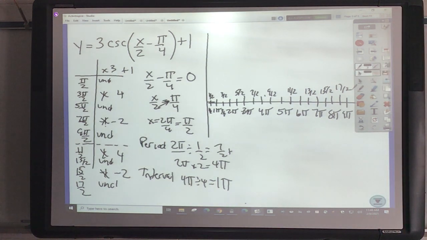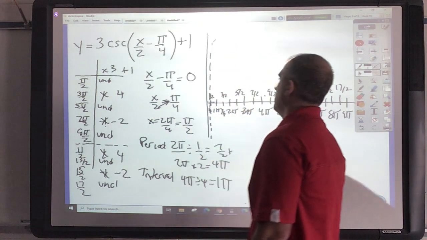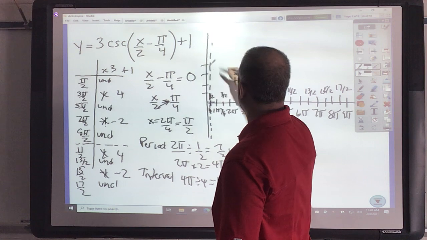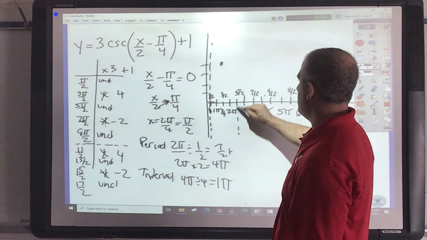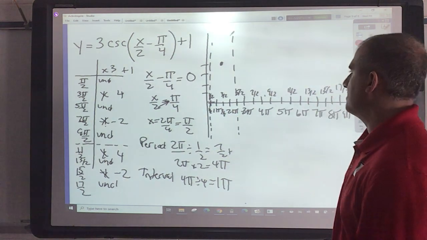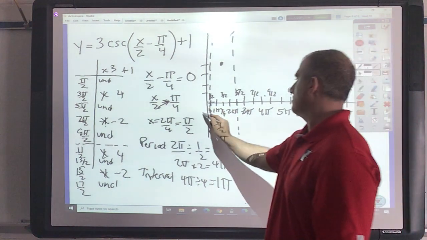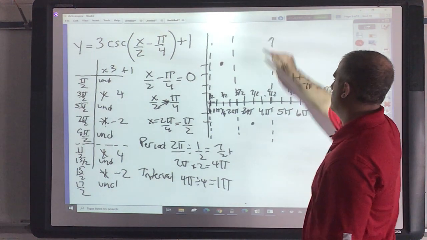All right. So at 1/2, I'm undefined. At 3 halves, I'm up at 4. 5 halves, I'm undefined. At 7 halves pi, I'm at -2. At 9 halves, I'm undefined.